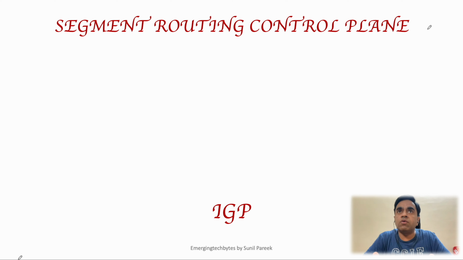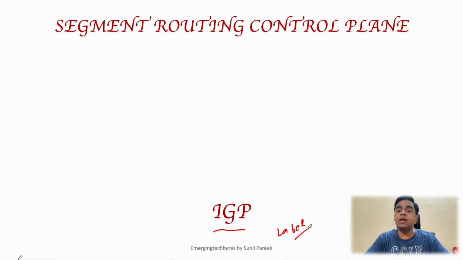As we had seen in our previous series of videos, now it is the IGP which is responsible for distributing the labels. As we are talking about MPLS, the fundamental principle for data plane forwarding in MPLS is you need a label.